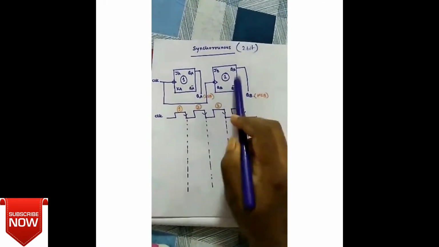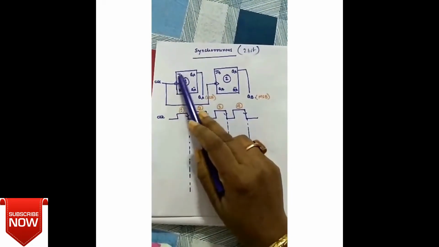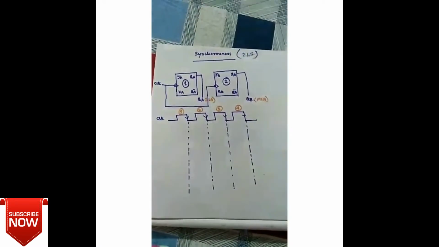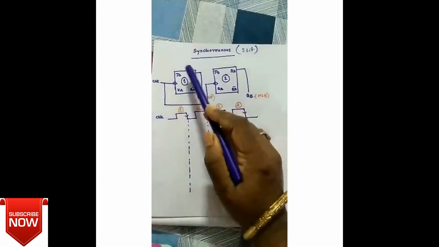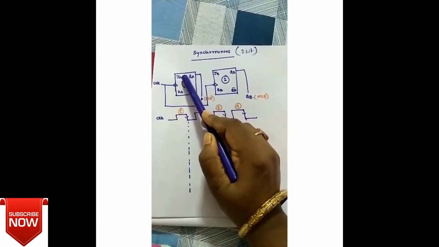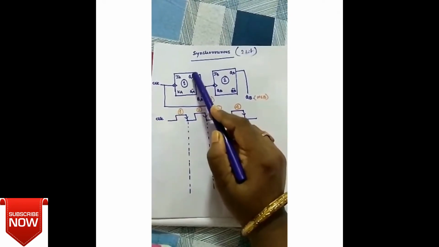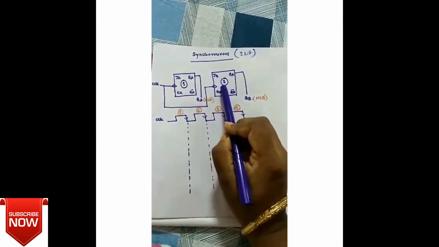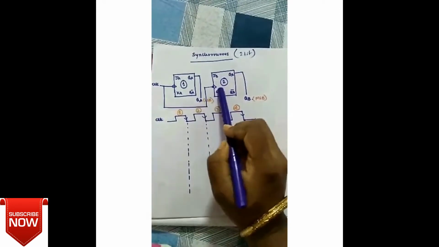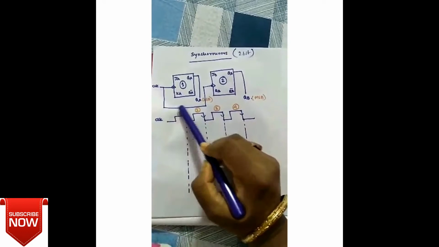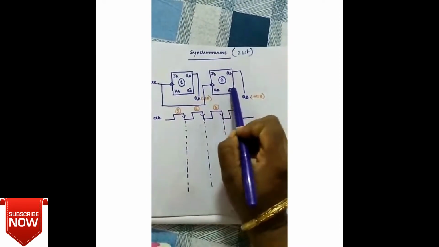So for each flip-flop, the negative clock pulse triggers at the same time. For the asynchronous counter, the output of the flip-flop is considered as the clock, but for the synchronous counter, a particular clock is applied to all the flip-flops simultaneously.